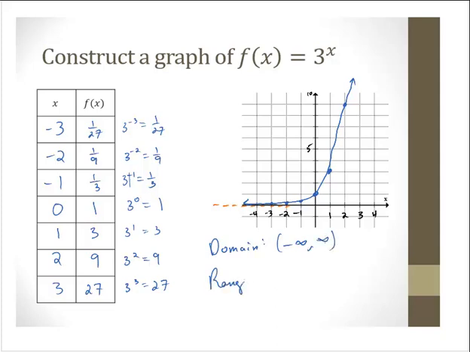Our range, we get very close to 0, but don't cross it. So range is 0, and we can go onward all the way to infinity. We have a horizontal asymptote at y equals 0. And that's that dotted orange line that I drew.